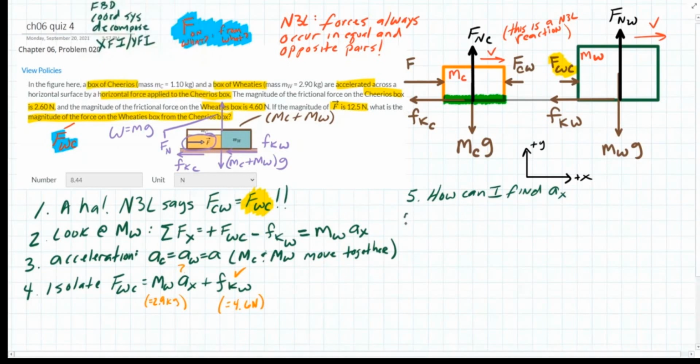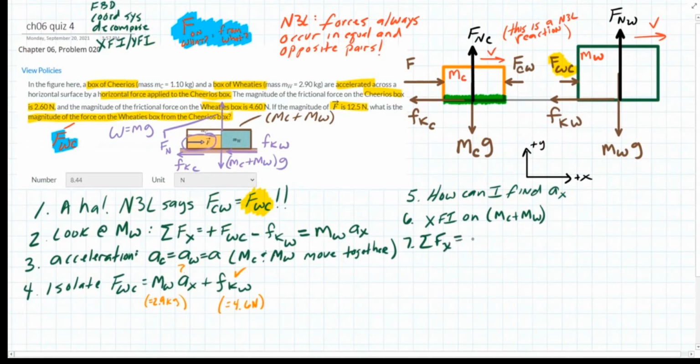Let's do an X-force inventory on MC plus MW, the two boxes together. When I do that, I get the sum of all the X dimension forces. I remember this tactic from chapter 5.